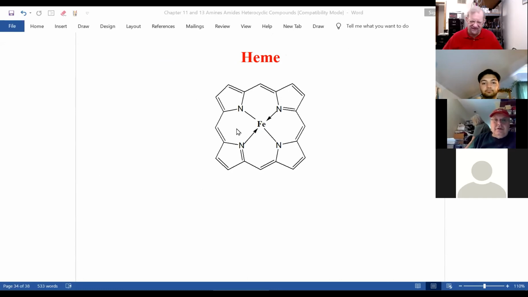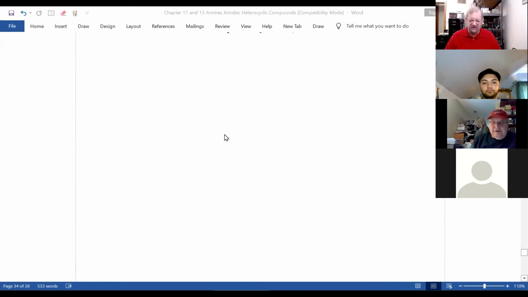Now, when instead of iron, you have a magnesium +2 cation, that's chlorophyll, which plants use to do photosynthesis. And part of that helps because of the aromatic ring system. This whole thing is aromatic. And these are pyrrole rings here that connect together and make up the heme or the chlorophyll-based ring system.